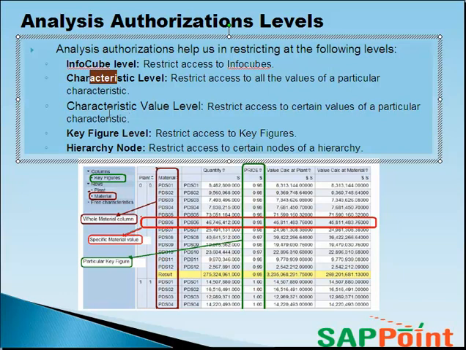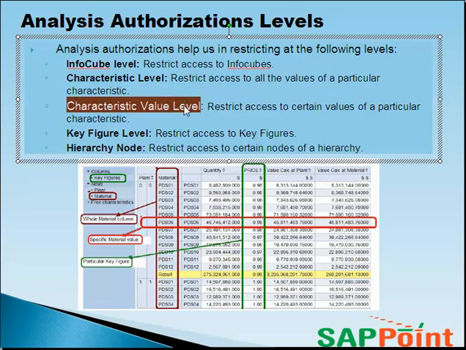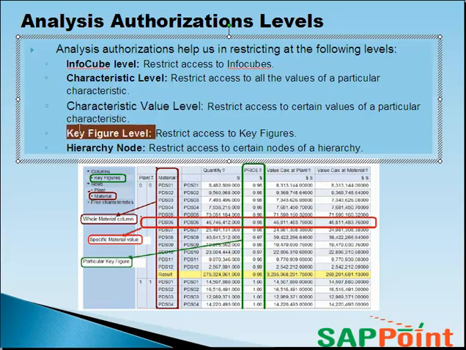But we couldn't do characteristic value level security or key figure level security in BW. But you can do that in BI. And you can build hierarchy level security in BW as well as BI. So technically there's another key difference between BW and BI, that we can build characteristic value level and key figure level security in BI, which we cannot do in BW.